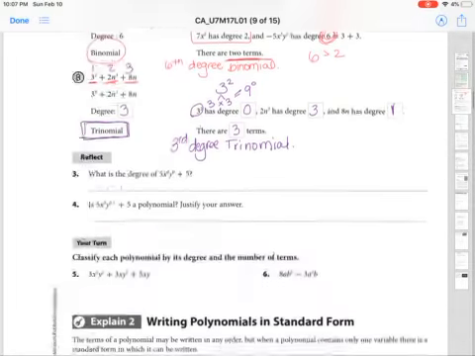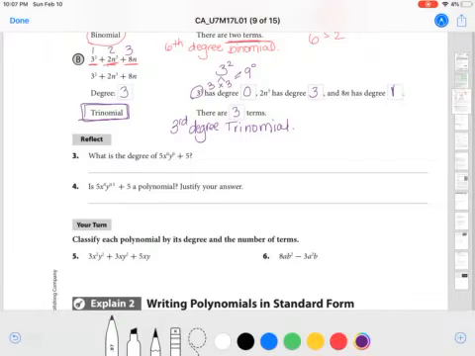Okay, so let's go ahead and take a look at number 3 right here. So what is the degree of 5x to the 0, y to the 0 plus 5? Well, 5x to the 0, y to the 0 plus 5 is going to give me 5 times 1 plus 5. Okay, well, how did we get 1?